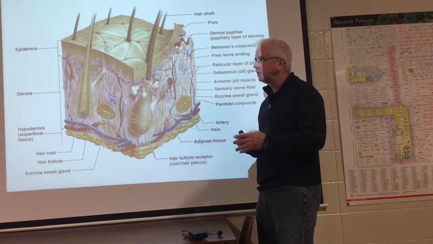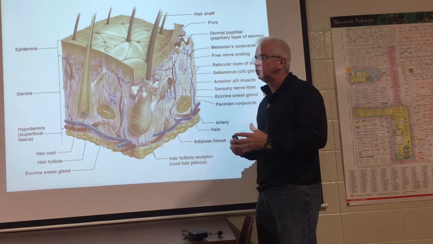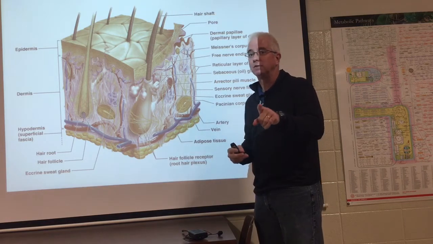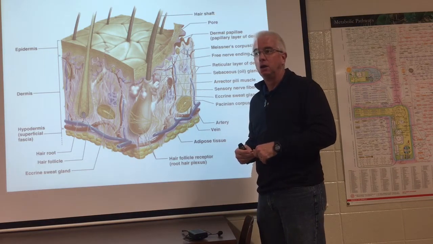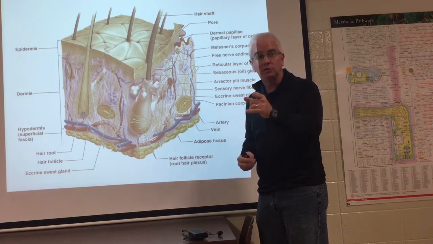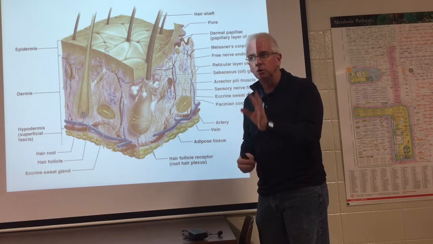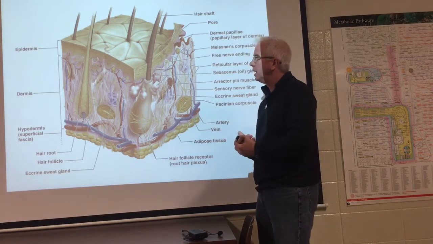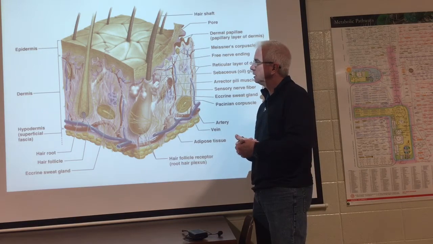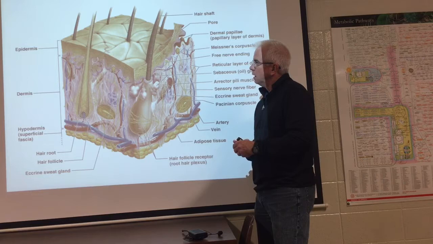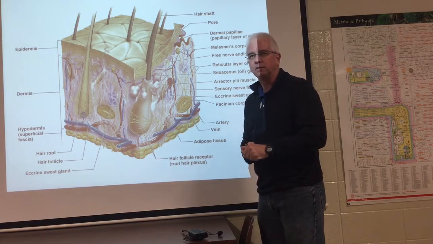And epithelial tissues, we know, do not have blood vessels. They're avascular. However, they are innervated. So let's look for it, shall we? Let's look for innervation in the epithelial lining of the skin. Let's look for the fact that there are no blood vessels there.